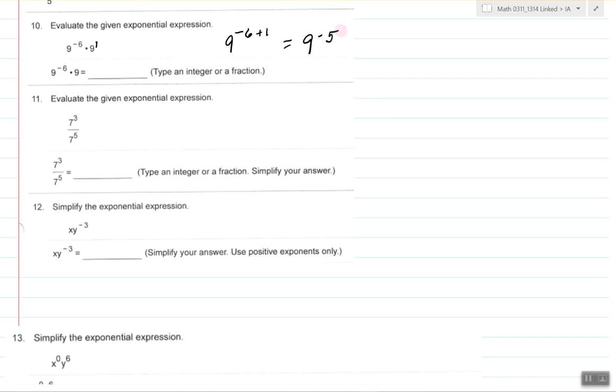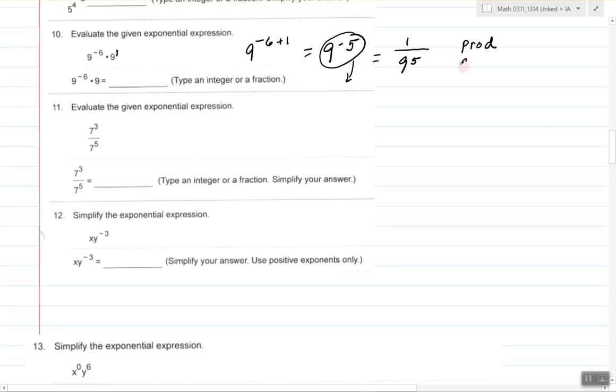There is a negative exponent, so I have a second step, and I will move this, so I'll get 1 over 9 to the positive 5. So in this problem, I used product rule first, and then I used negative exponent rule. This is just like a shorthand notation if I used more than one rule.